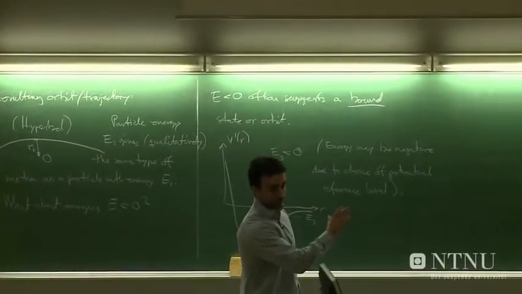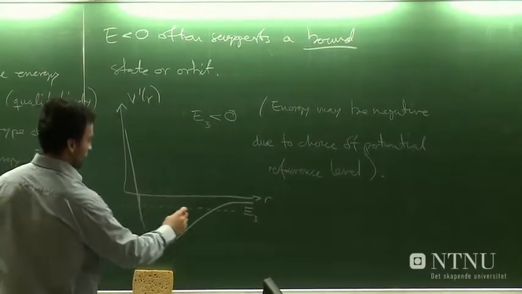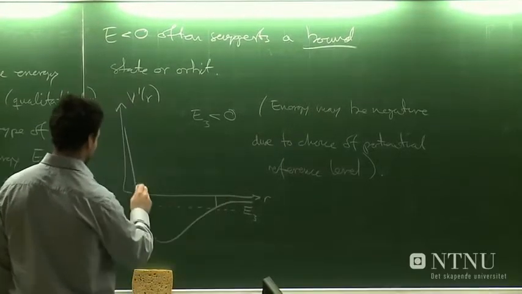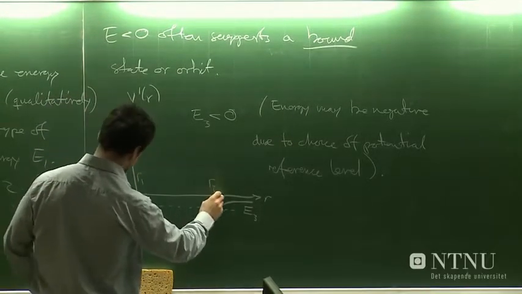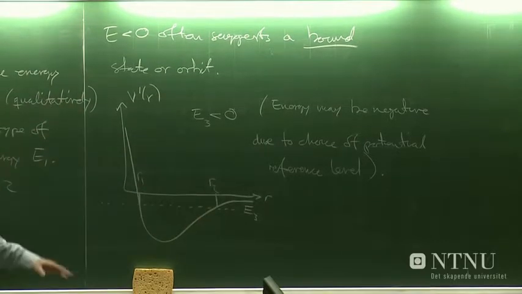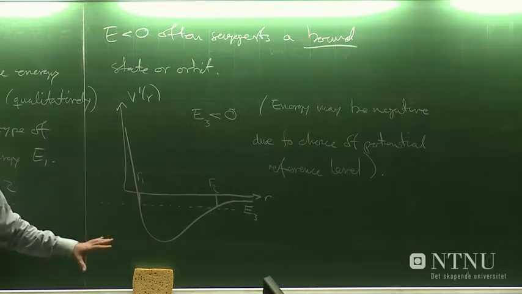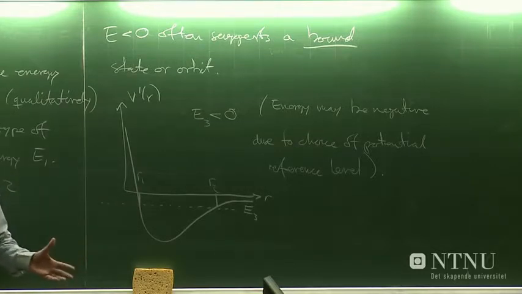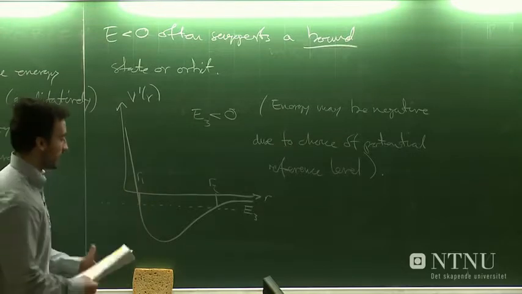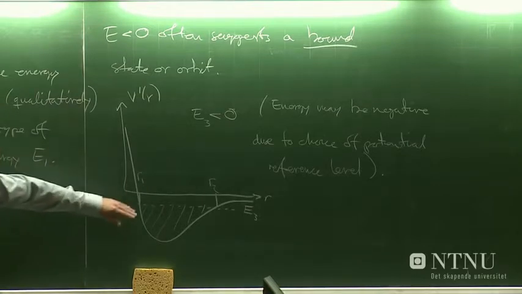Well, if you follow the same line of reasoning as over here, we see now that there are two radii which the particle cannot exceed, because it can only be in a regime, classically, where the energy is larger than the potential energy. So the particle has to be confined to this shaded area. It cannot rise above it.